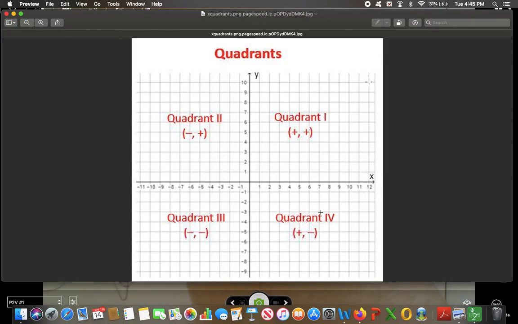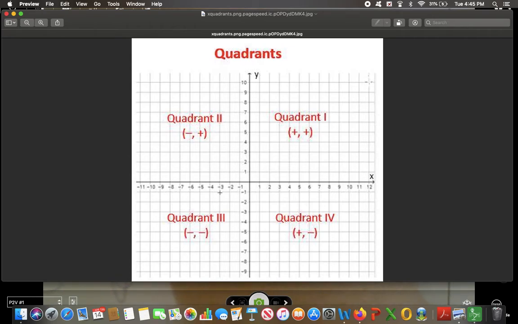For the first IXLs, and then I'm going to have you do some Moby Maxes on Tuesday and Thursday. They're going to be asking you what point is where. So if you have a 3, 1, they're going to ask you what quadrant it's going to be located at, and you're going to say quadrant 1 because you have two positive numbers. If you have a -3, -1, you would find it in quadrant 3 because there's two negatives.